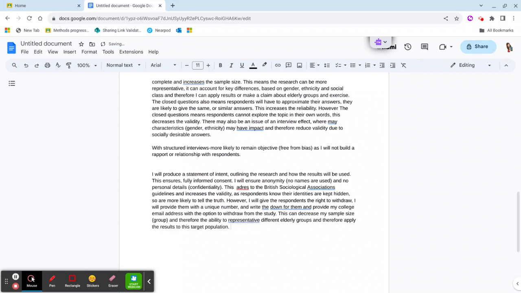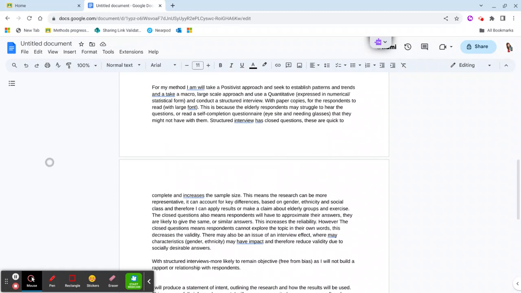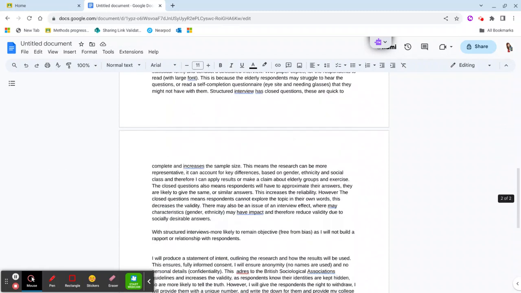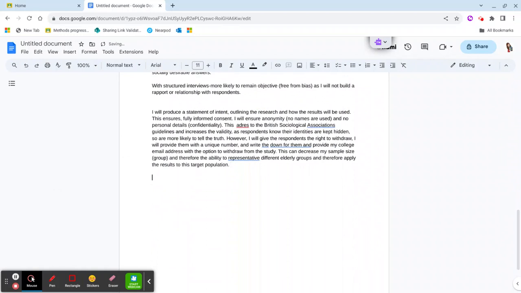If I let them leave, they're more likely to reduce the sample size, and I can't represent all the different elderly groups and then apply results or make that claim.